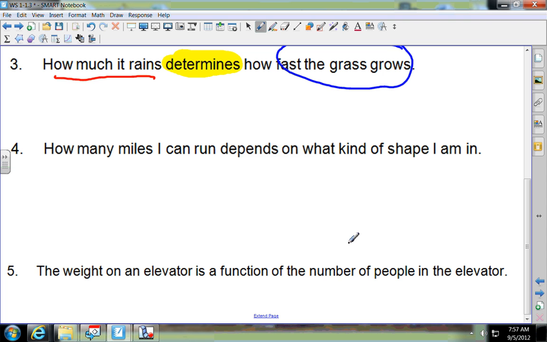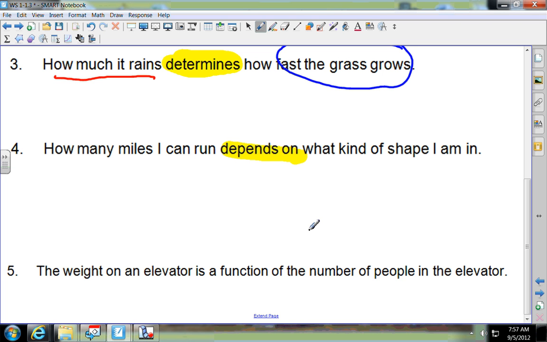Okay, the next two. The first thing I notice is that I have depends on. How many miles I can run depends on what kind of shape I'm in. Okay? I don't go out there, okay, I think, well, actually, I'm not delusional now, I'm old. But I don't think I can go out there right now and run 40 miles.